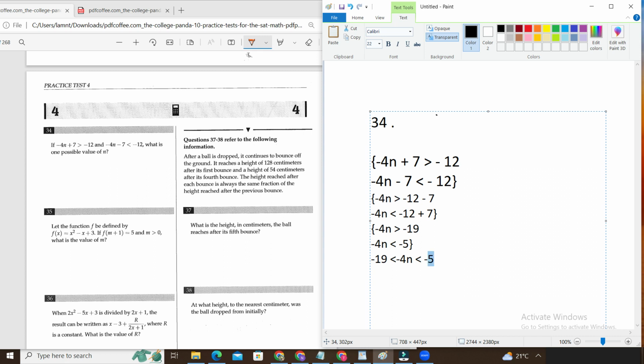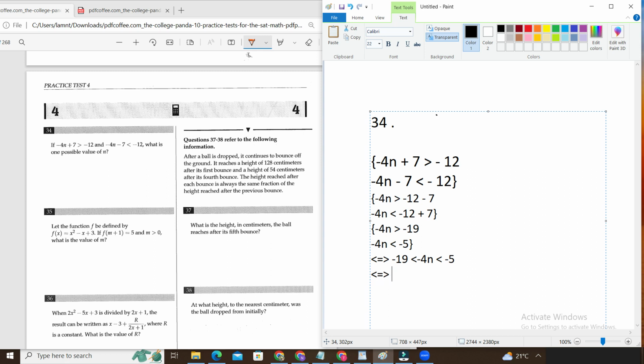Now you can get rid of the minus sign on every term, but you have to change the direction of the inequality when you do that.